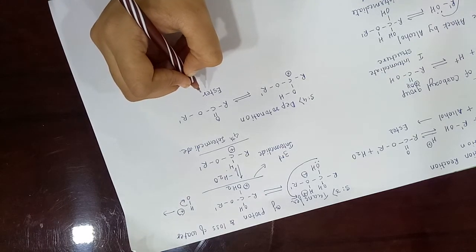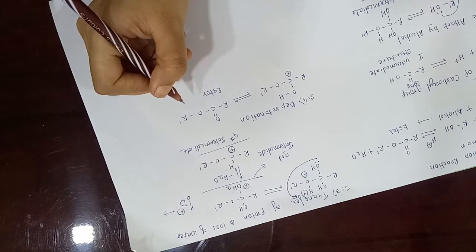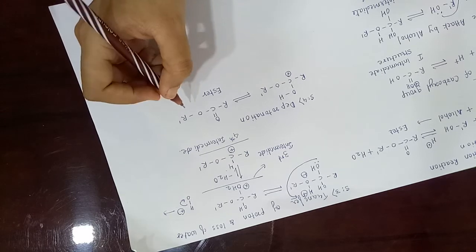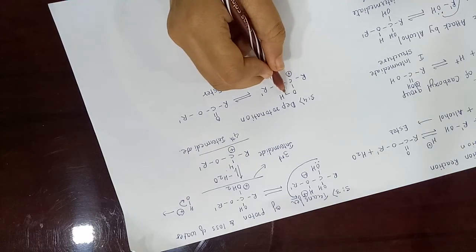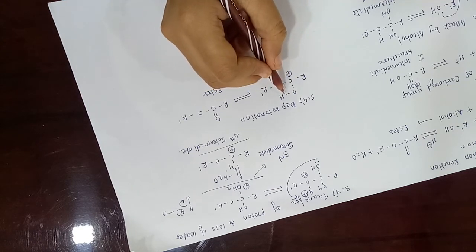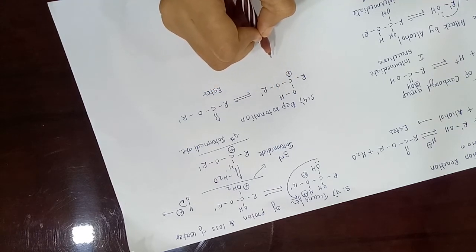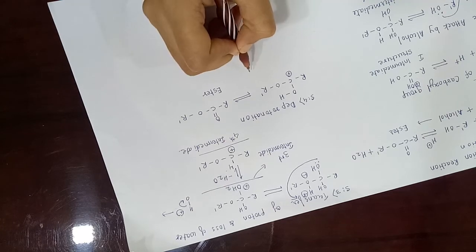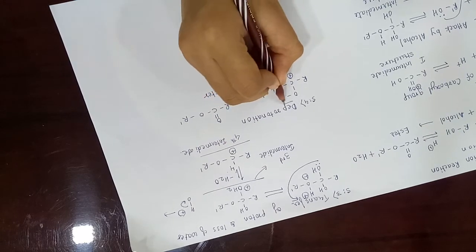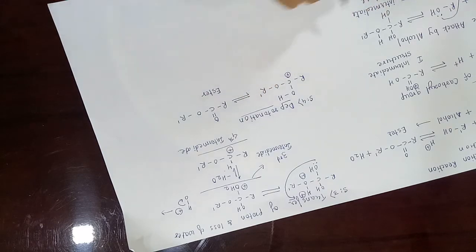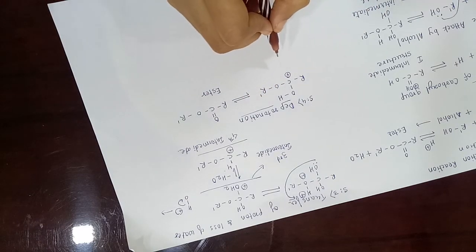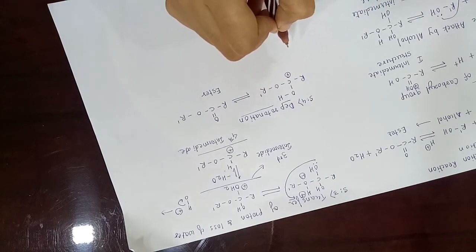Here there should be formation of a double bond, therefore you need to break this bond. Movement of electrons will take place. As a result, deprotonation will occur. So this is the mechanism of esterification in 4 stages.